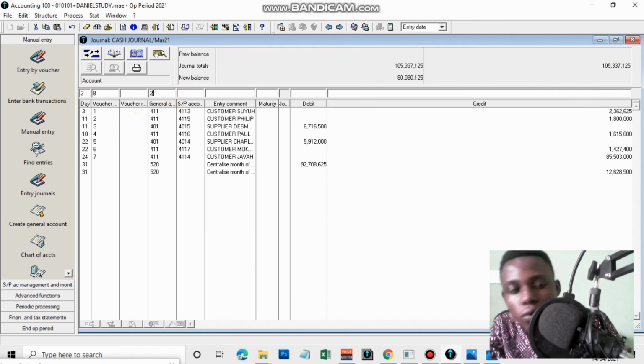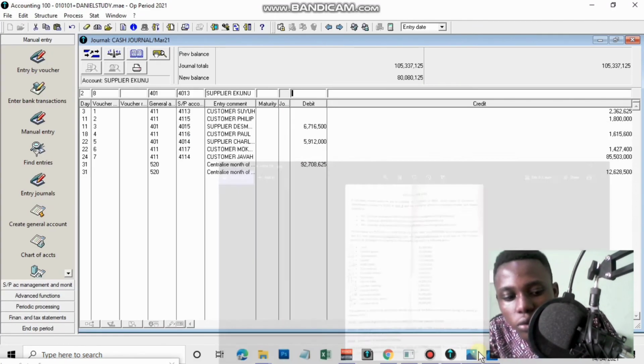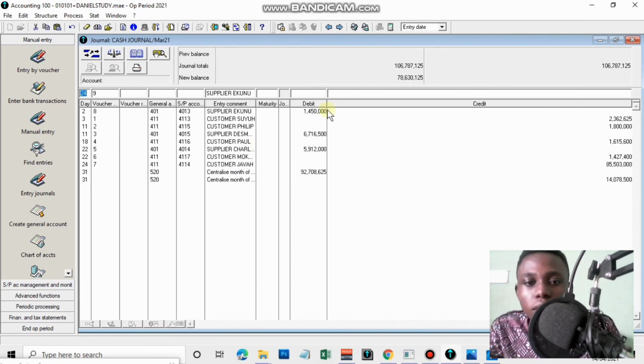It was 401 since it was buying, the supplier. This is Econo. I'm going to write this amount, 1,450,000. So this is it. Now the thing has balanced. The corresponding entry always needs to be there.